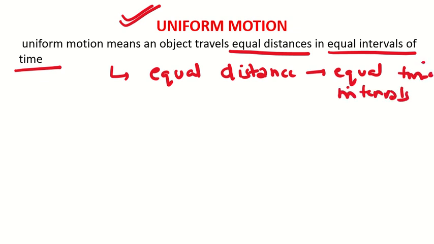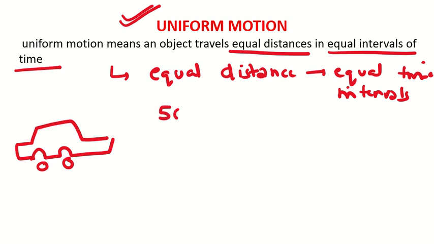To get it better, let us take the example of a car. So here we have a car. Suppose I note down or observe the readings of the car, that how much distance has been traveled by the car in every hour.